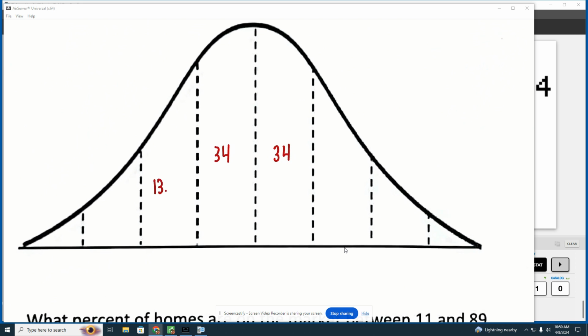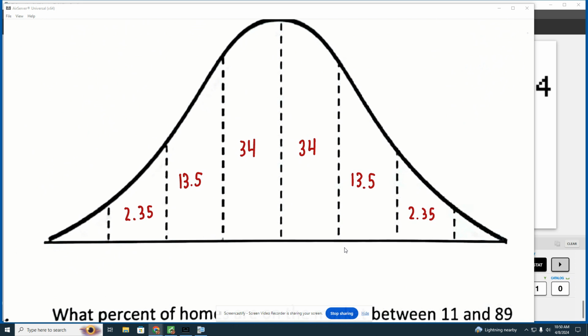They're 13.5s. Y'all remember what the next little percentages are? 2.35s. And y'all remember what the smallest little slivers are? They're 0.15s. I would recommend you memorize those.